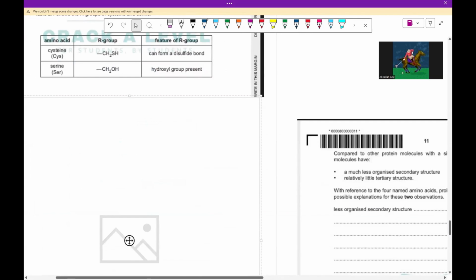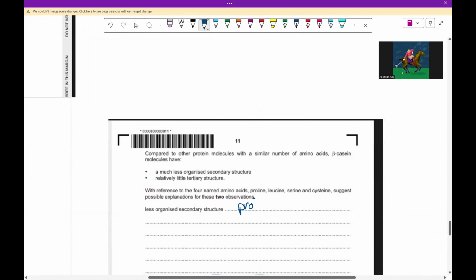Proline cannot form hydrogen bonds with the CO double bond, since it is the main primary component of the polar group.